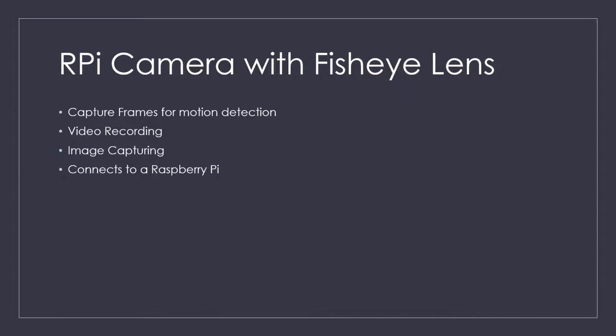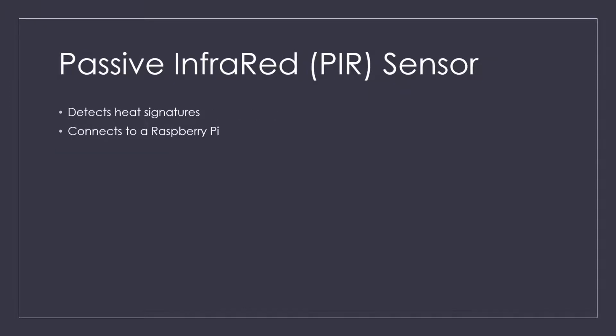We will also use an RPI camera with fisheye lens. These cameras capture frames for motion detection, do video recording, do image capturing, and they are easily connectable to Raspberry Pis. We'll also use passive infrared sensors, PIR sensor for short, which detects heat signatures and are easily connected to a Raspberry Pi.